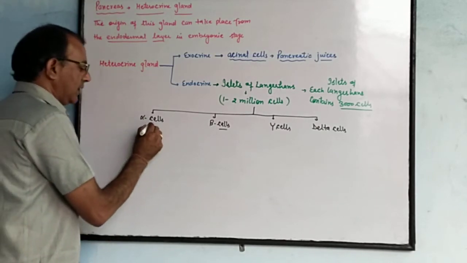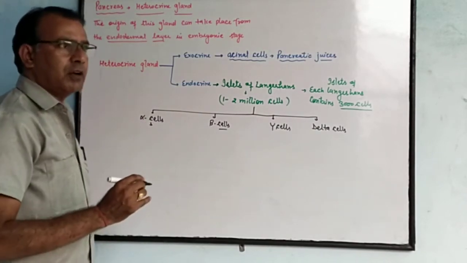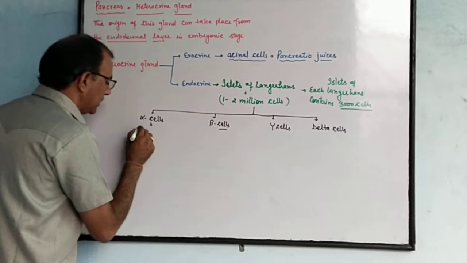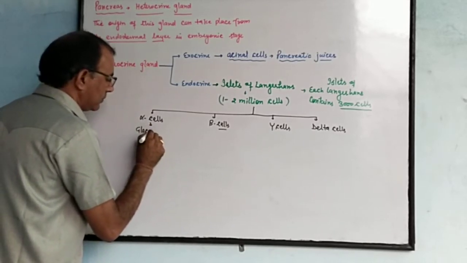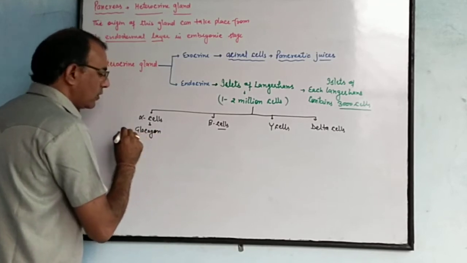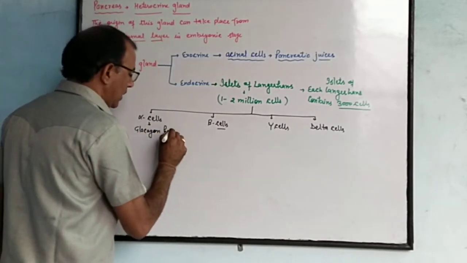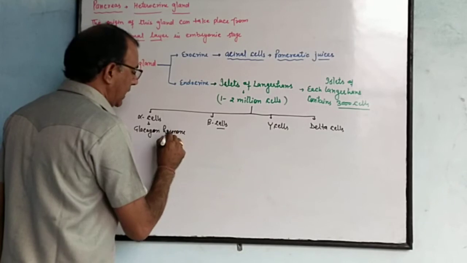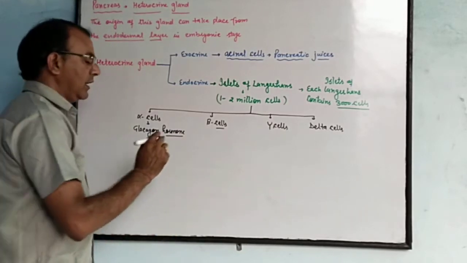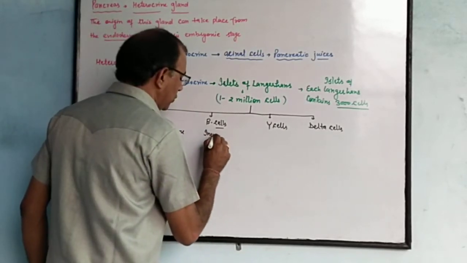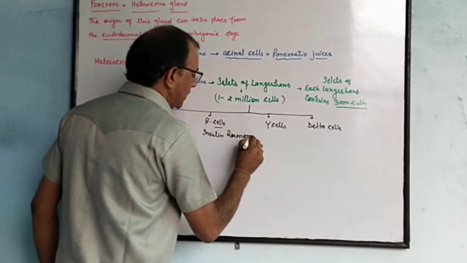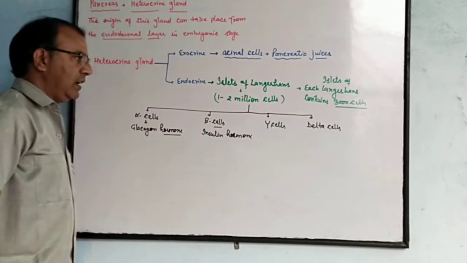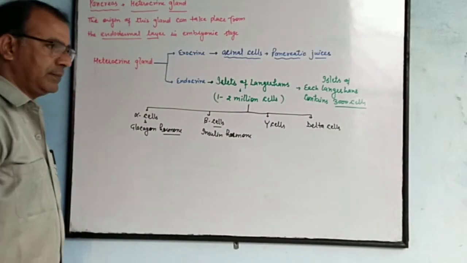Alpha cells secrete a hormone called glucagon. And the beta cells of islets of Langerhans secrete the insulin hormone.